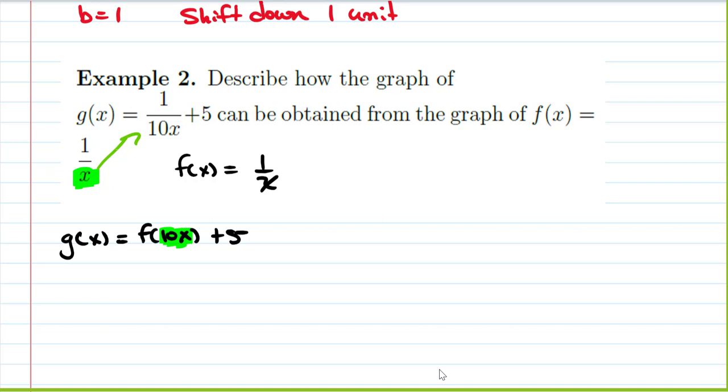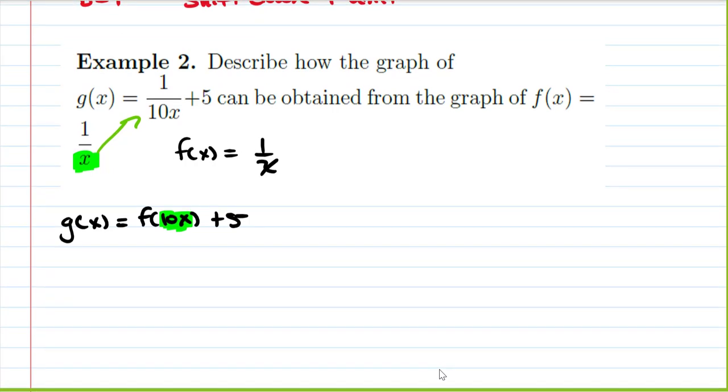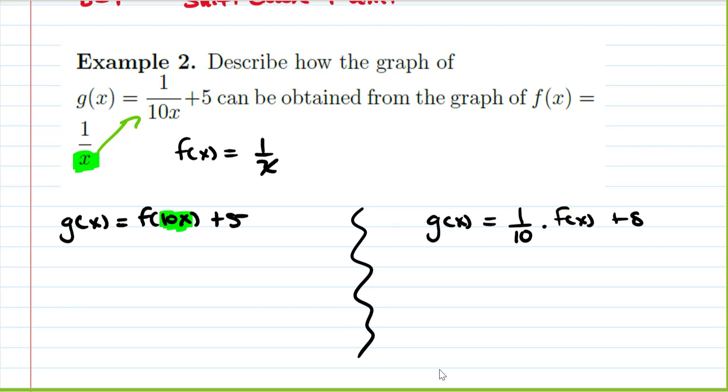So one way to visualize this is as function composition. But we'll notice I could also visualize this as g of x would be equal to 1 over 10 times f of x plus 5. Because if I have 1/10 times f of x, well, f of x is 1 over x.